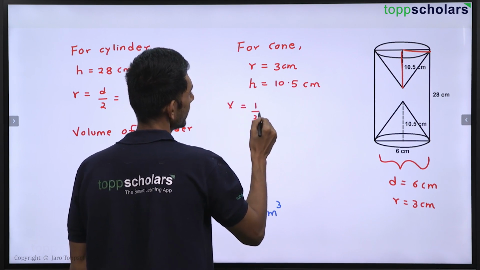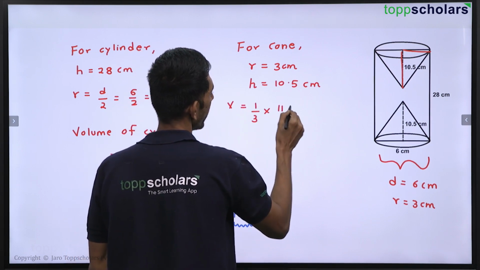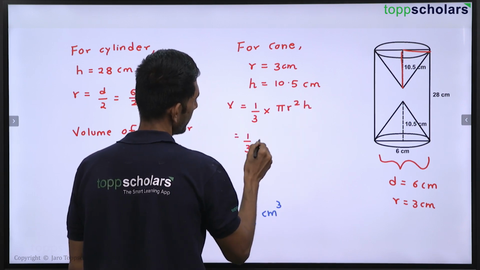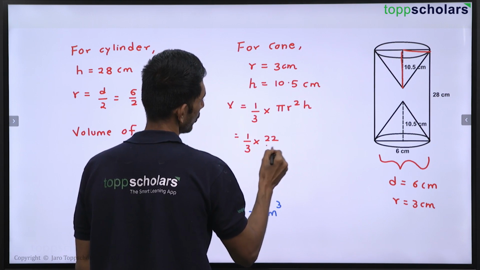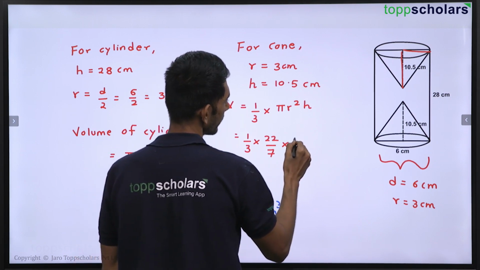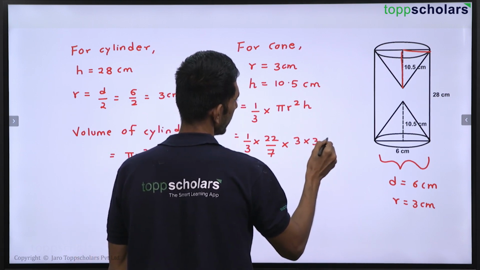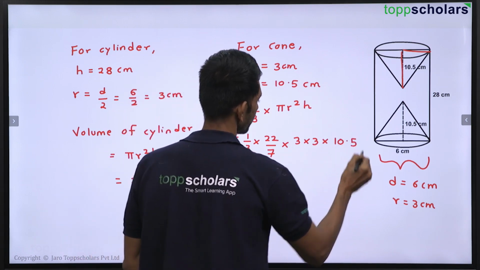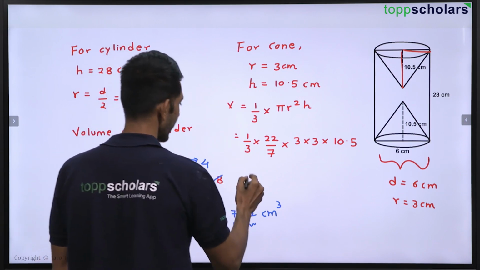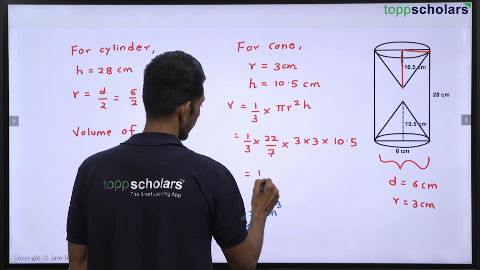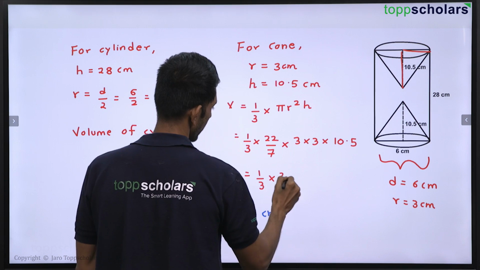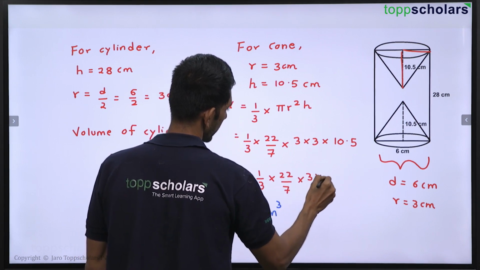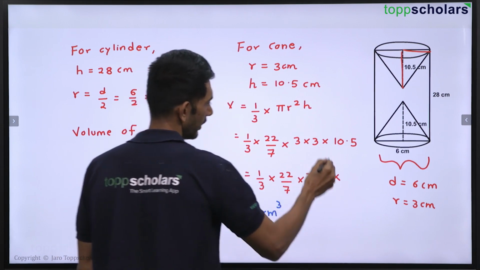Volume will be 1 by 3 into pi r square h, that is equal to 1 by 3 into 22 by 7 into r square, that is 3 into 3 into h. H is 10.5, correct?